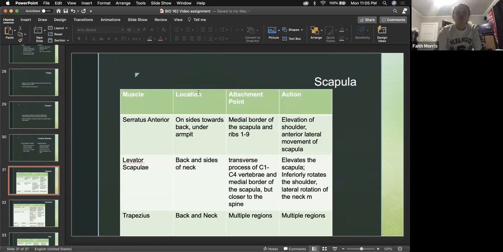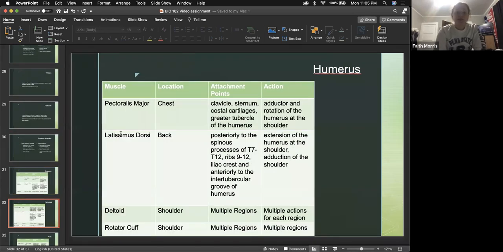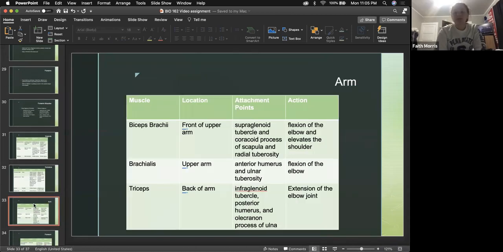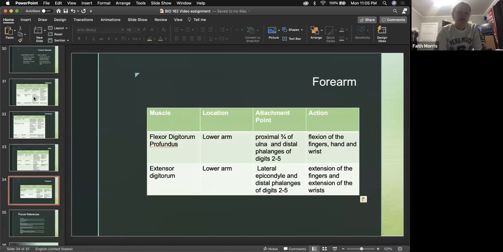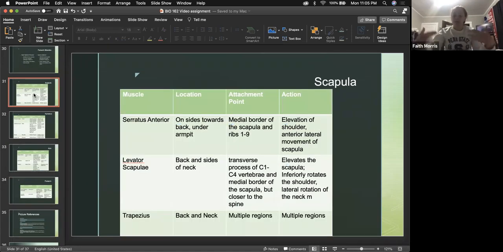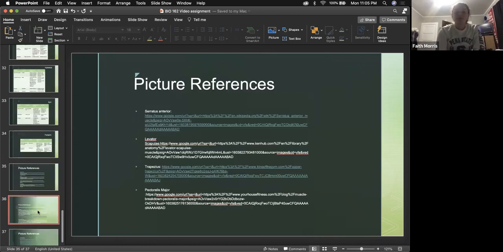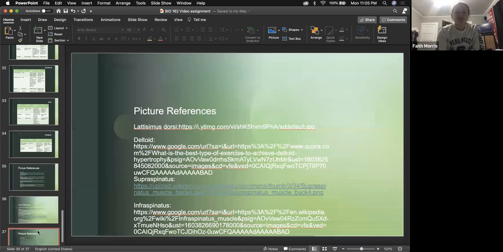So you do muscle, location, attachment point, and action, and just keep it all together for you to study easier. Just like you did with the hip. The humerus, same thing. Arm, same thing. And then the forearm. And then that'll help you just keep all of them together and all of your information organized. And just here's some references for the pictures.